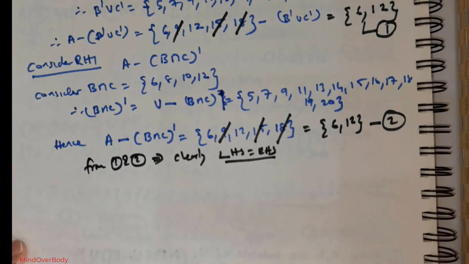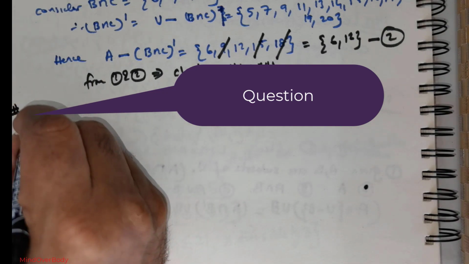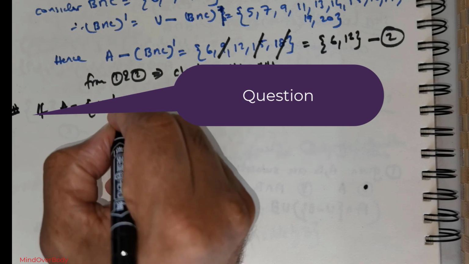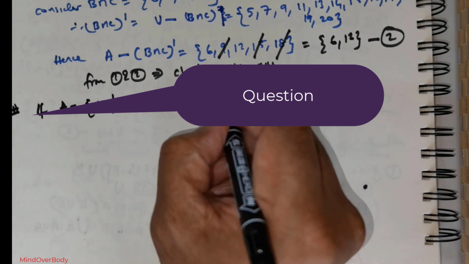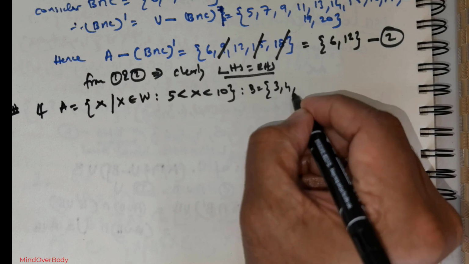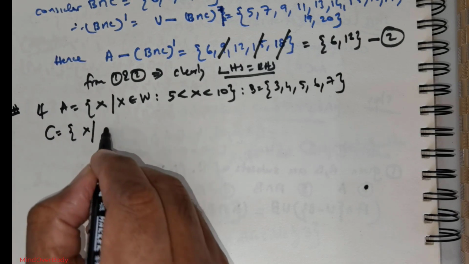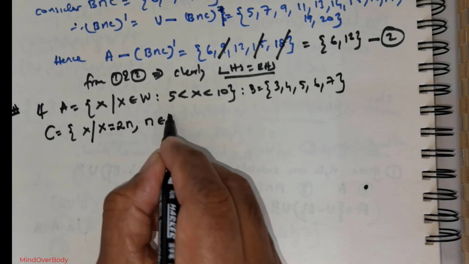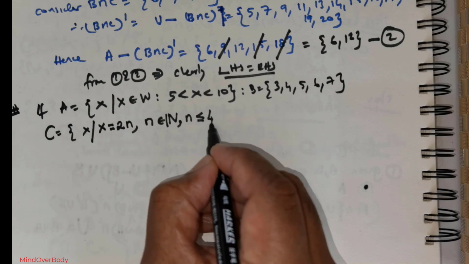Students, we'll move on to the next one. Let's do this question. Students, the next question. So if A is given to be equal to collection of all x such that x is element of whole numbers and that x lies between 5 and 10, and B is given to be as 3, 4, 5, 6 and 7, and C is collection of all x such that x is connected by means of the relationship x is equal to 2n, and n is element of natural numbers, and that the value of n is less than equal to 4.